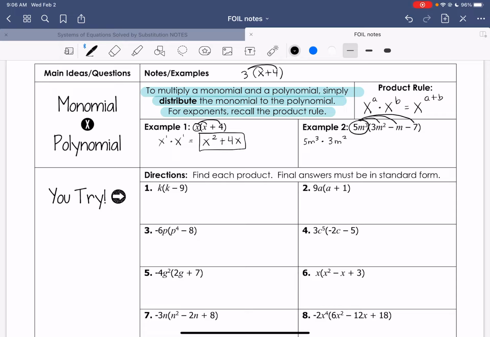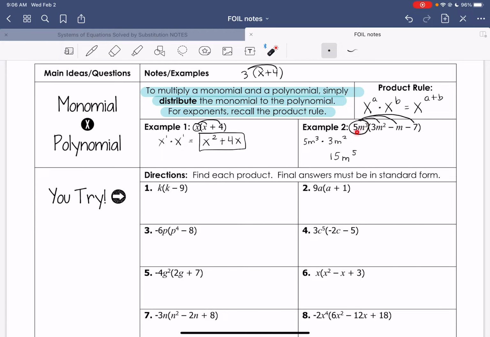So first we have to multiply the 5 and the 3, and together that gives us 15. And then when we multiply the m cubed times the m squared, we can add those exponents and we get m to the 5th. So that's the first distribution.